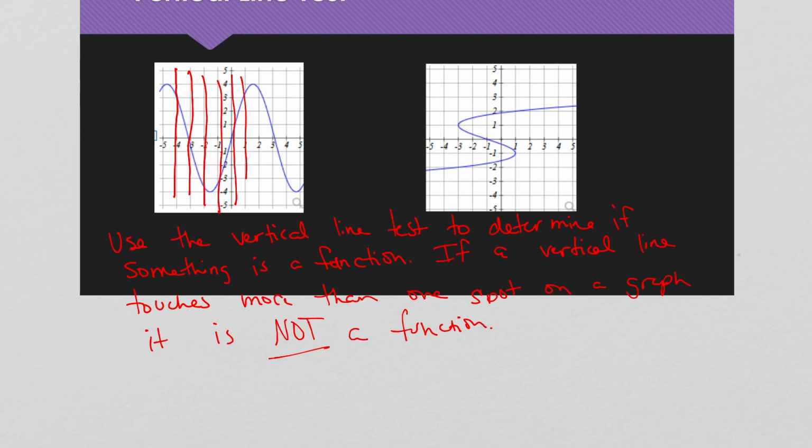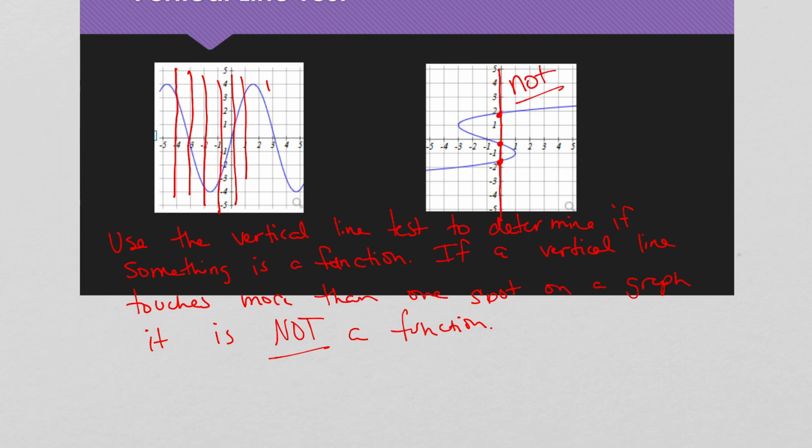But look at this one over here. If I put a vertical line right on the y-axis, look how many places it touches. It touches there, it touches there, it touches there. That means your x values repeat, in this case, 3 times. So that means that this one is not a function.